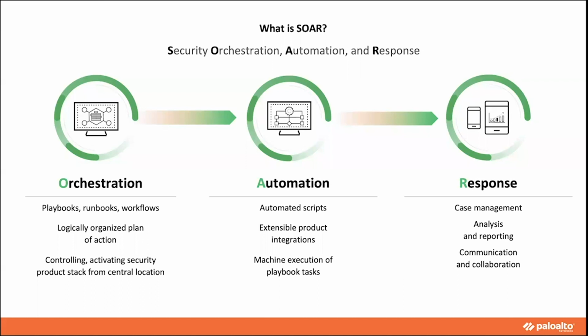And the core benefit of bringing automation and orchestration is really the ability to execute the playbook tasks at machine speed. Lastly, the third focus area of SOAR platforms is the response, which is really to gain oversight along the way, all the way from the incident response initiation all the way to closure.